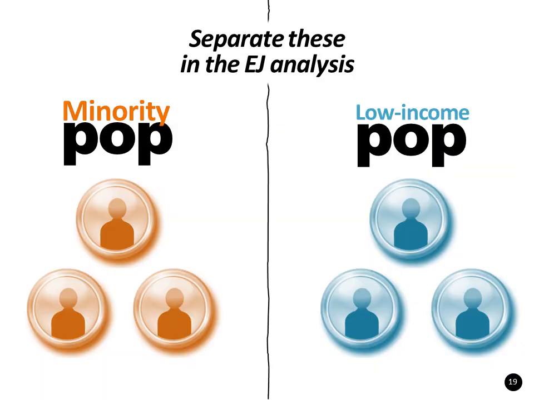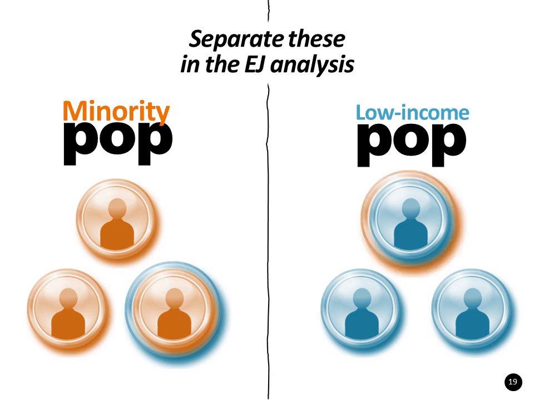In the environmental justice analysis, minority data is analyzed separately from low-income data. This is because a minority population may be of any income level, and a low-income population may be of any racial or ethnic composition. Minority and low income are different population characteristics that must be kept separate in the analysis.